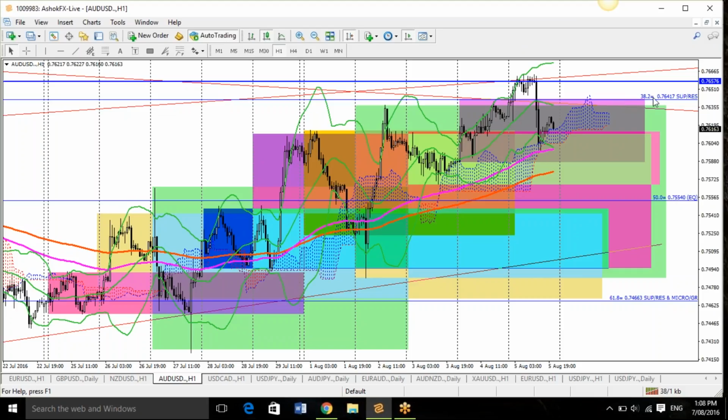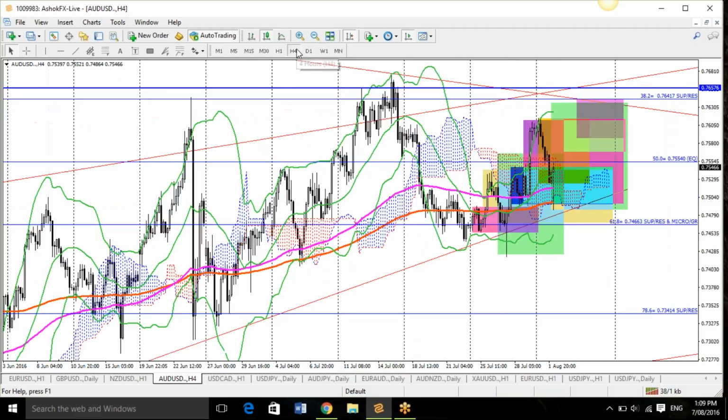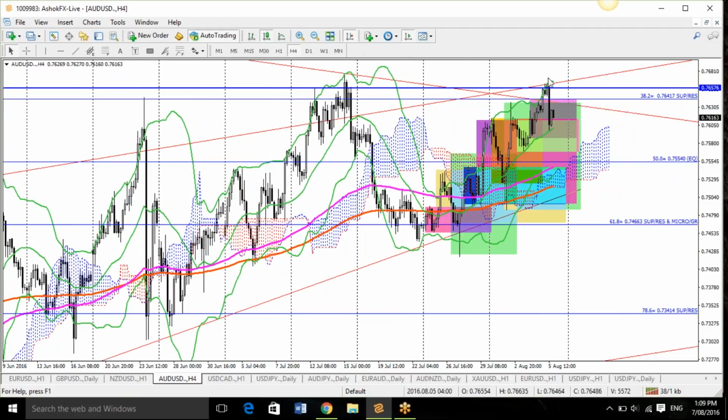The only regret I had was I didn't take a trade on Aussie dollars when our chief trader gave an opinion that it would be a good sell within this area. So I've marked this price. This is the highest price. If you go to the H4 chart, there's nothing else higher after the 12th of July.